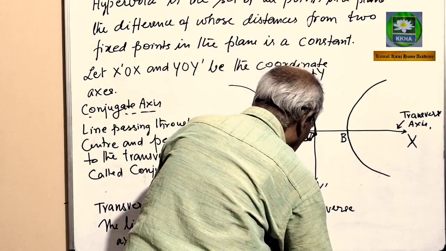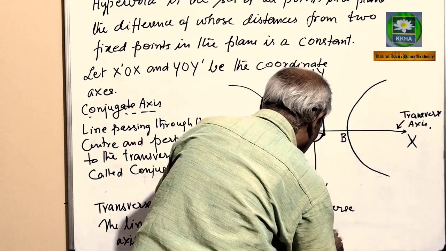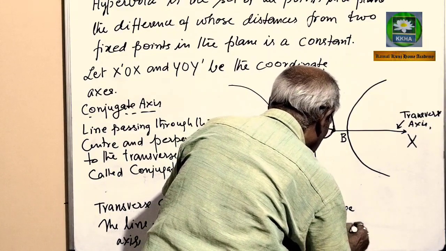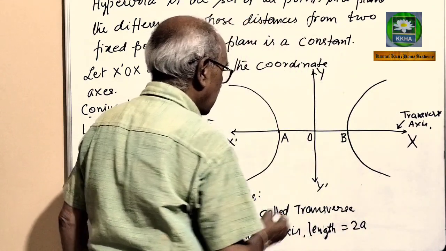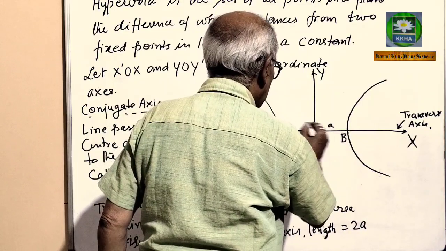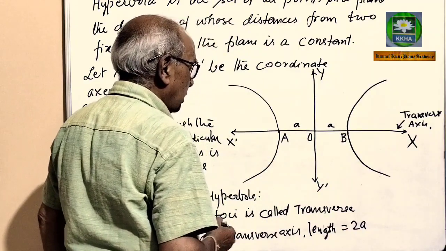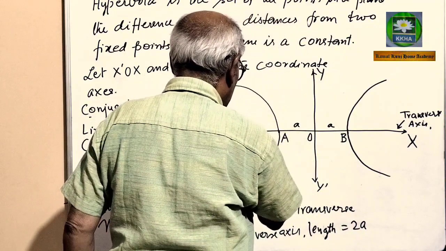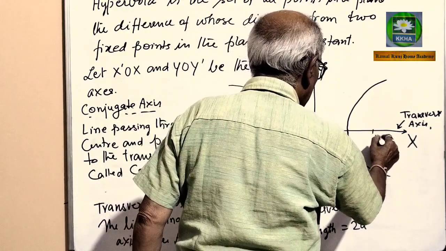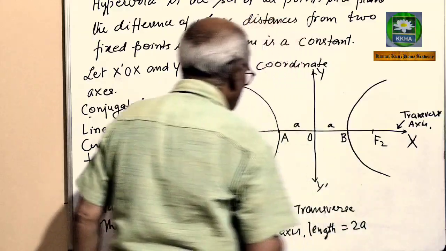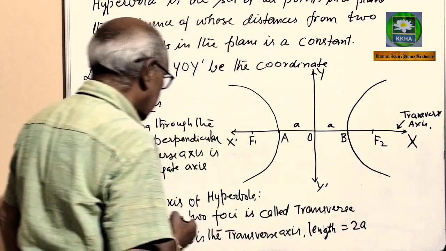Its length is twice A, that is AB equals 2A. So OA equals A and OB equals A. Now the foci are here, F1 and F2. The distance between the foci is 2C.